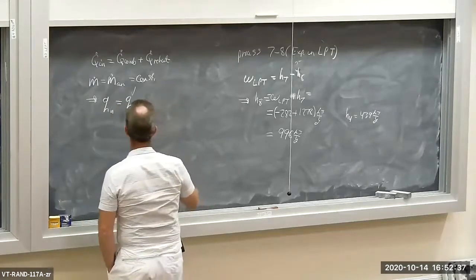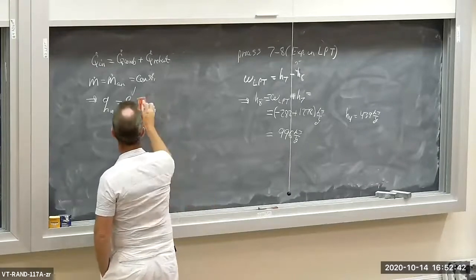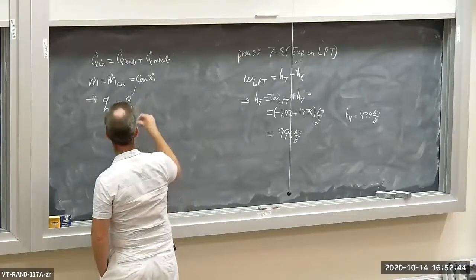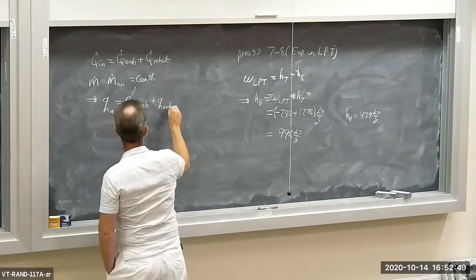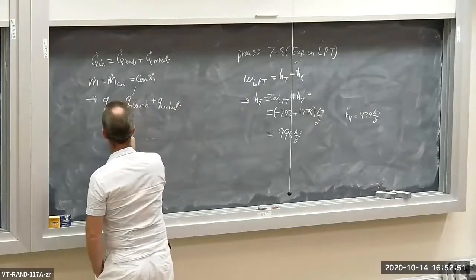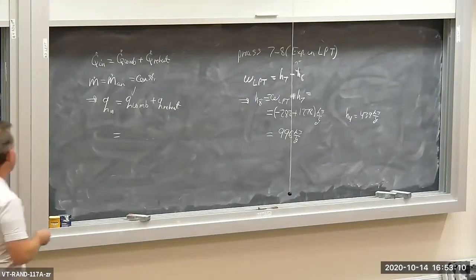Q combustor plus Q reheat. So that's going to be 1277, sorry about this, minus 439. That's going to be 838.